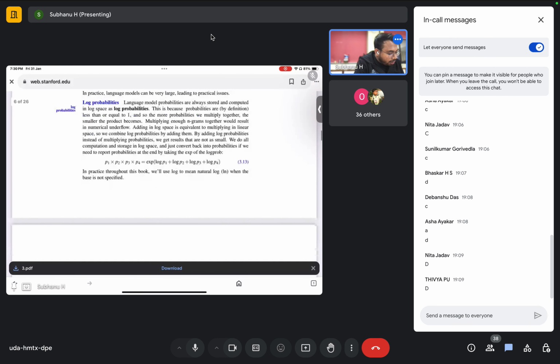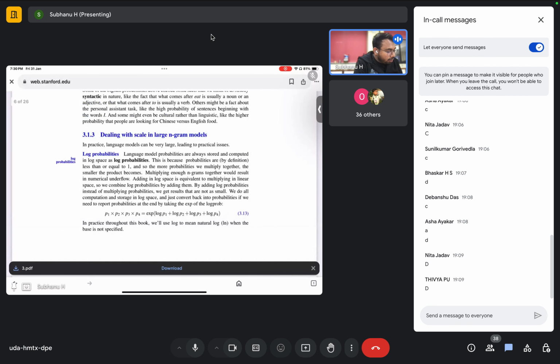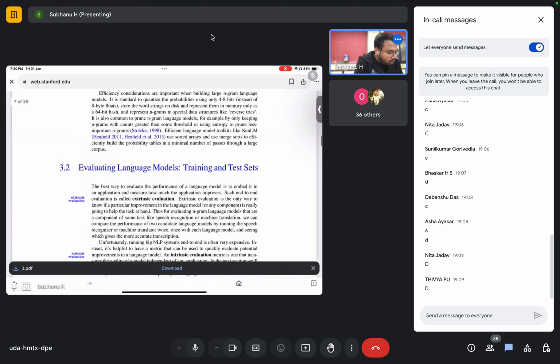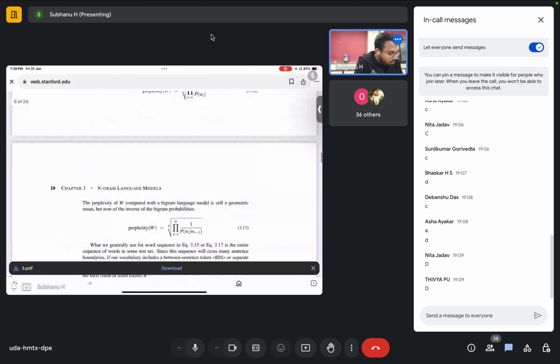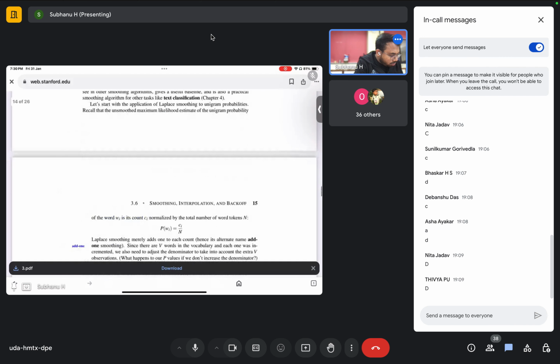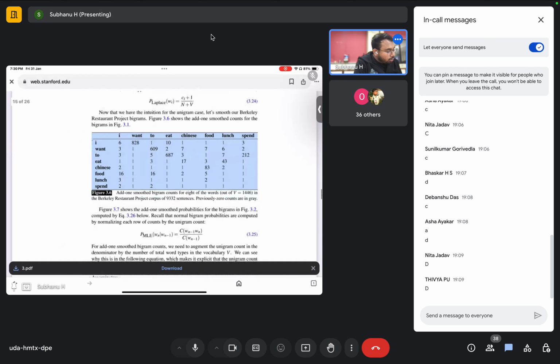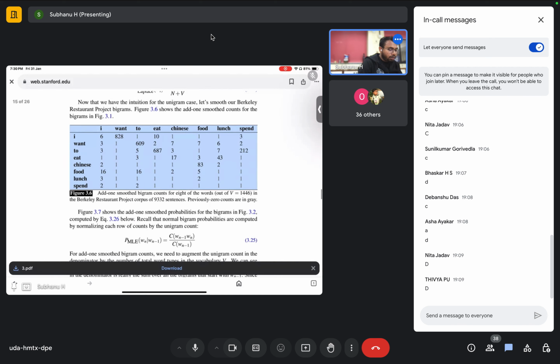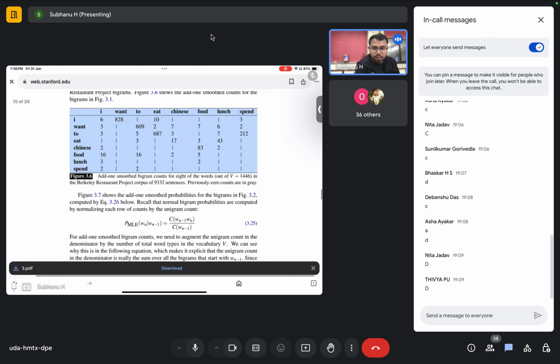So now we are dealing with the scale of large n-gram models. This is the option: if we add one, our table looks like this. This is the formula I was showing.